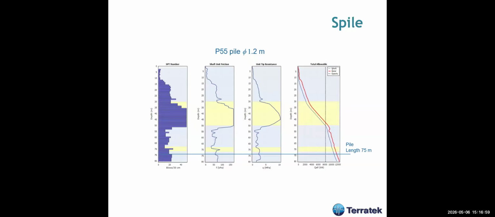The program also furnishes this kind of plot, which is N, Q, tip resistance, shaft friction, and this is the bearing capacity plot for the shaft and shaft plus tip. As you see here, the tip has only, say, maximum 10% of the shaft resistance, which is good.